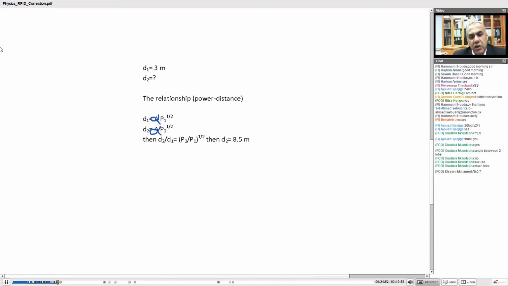And then, just dividing the two equations, we can determine the D2, because it's proportional, the alpha will disappear, and then you have this ratio, and then we can just find the second distance.